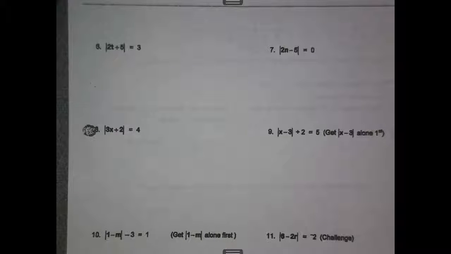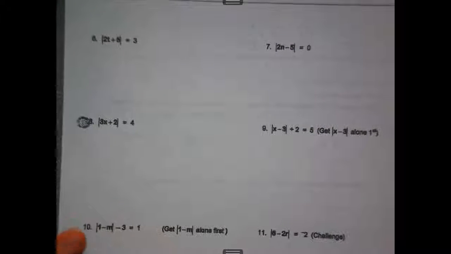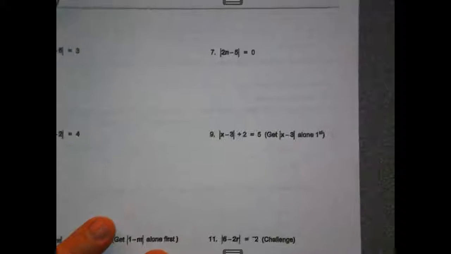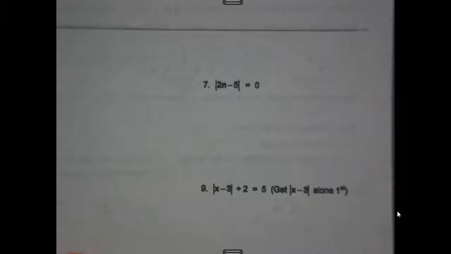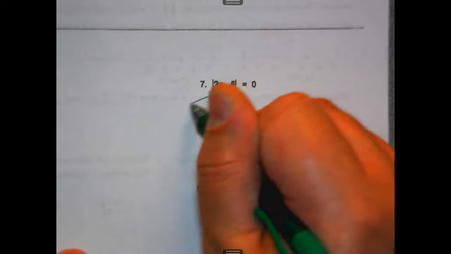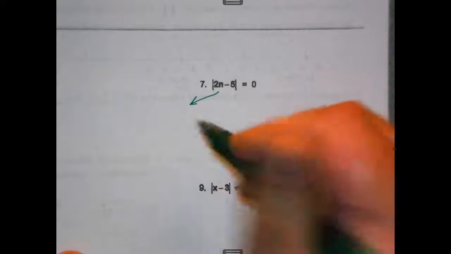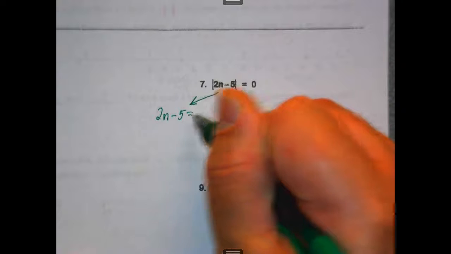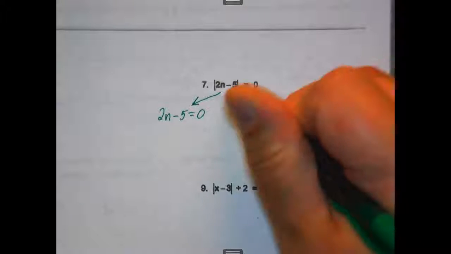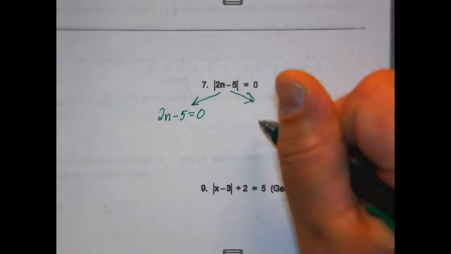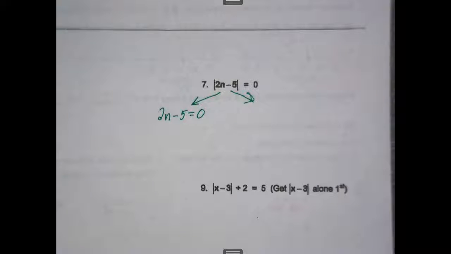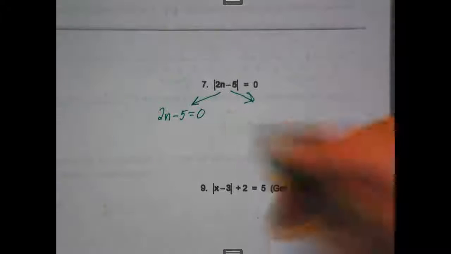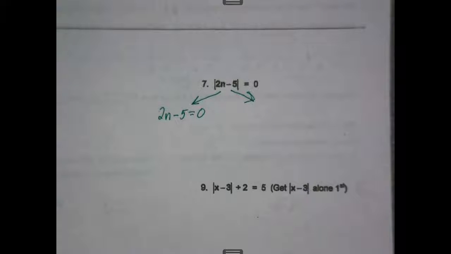Okay, let's do number 7. All right, so I'm going to take what's there inside. Then we would do the negative, but it's the same number, so we only have to do this once.